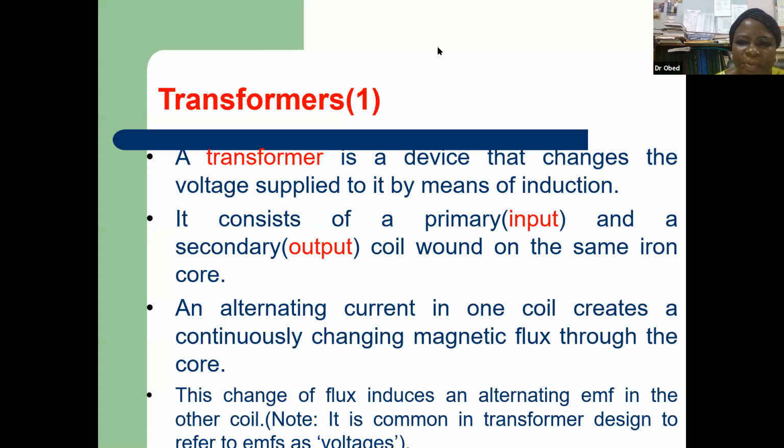Let me pick my pointer again. It consists of a primary, that's the input, and a secondary, that's the output coil, wound on the same iron core. Sorry, let me minimize this.